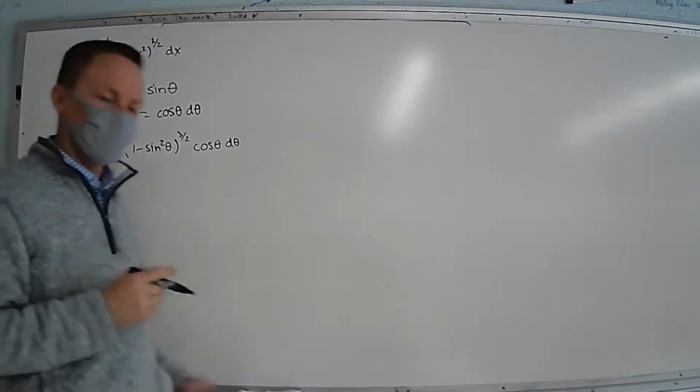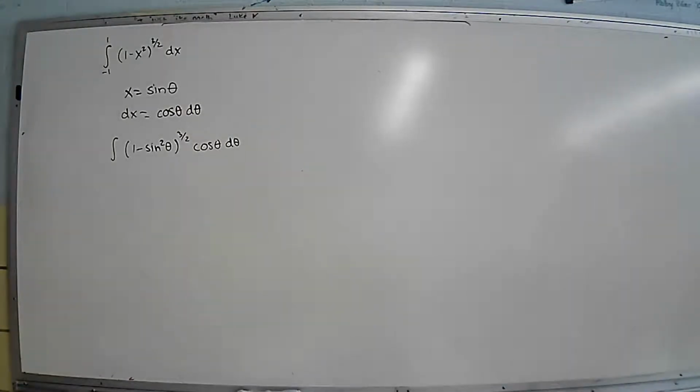If I follow what I always have done with trig subs, the next step would be to change that 1 minus sine squared into cosine squared, but do you see the issue with that?